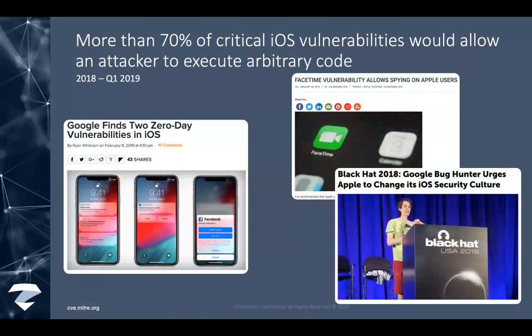Since there are so many iOS vulnerabilities that allow an attacker to execute or inject code, you can find stories all over the place about how the walled garden is secure, yet a lot of security researchers urge Apple to change the security culture. One of the most famous bugs this year, in the late January, early February timeframe, was group FaceTime.